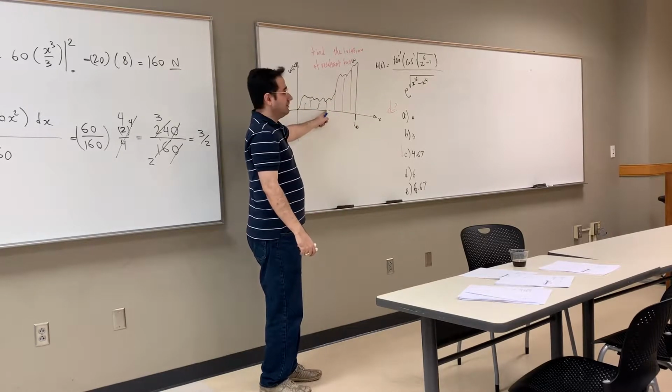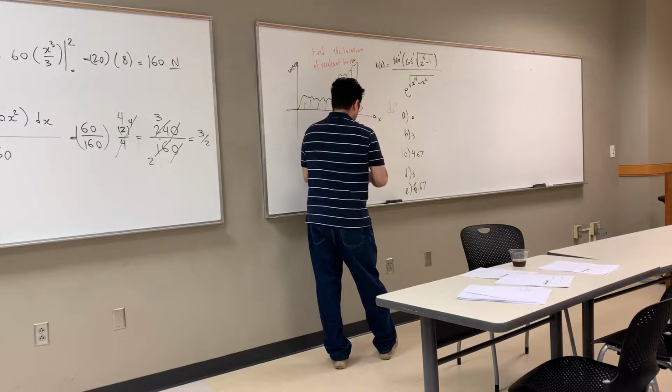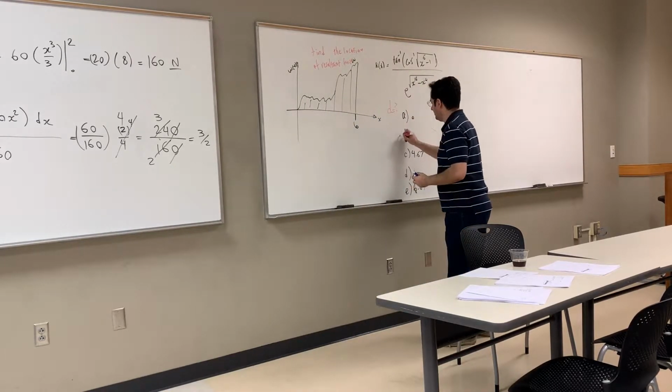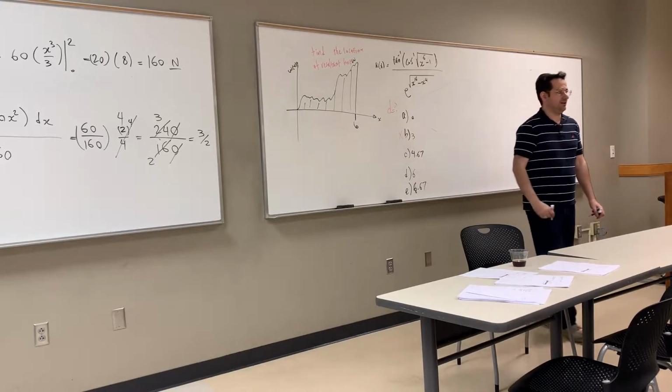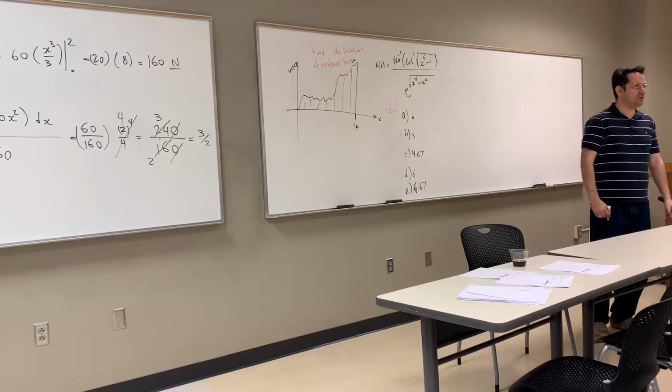But this one is not uniform. So you can reject this answer. We can reject 3 because it will never be at the exact center, since it's not uniform.